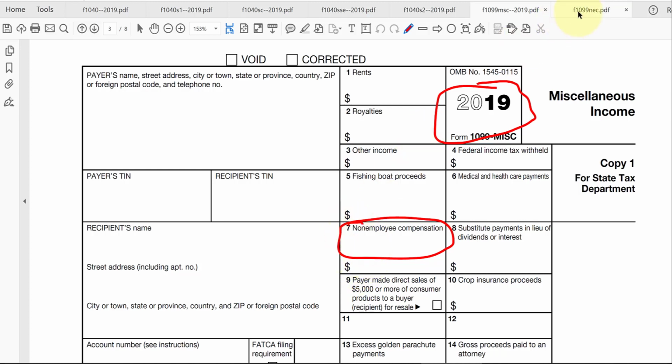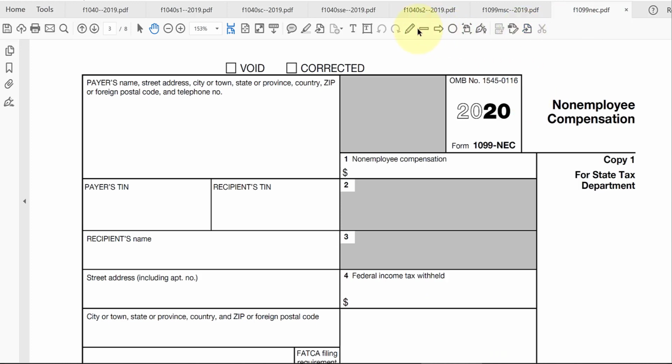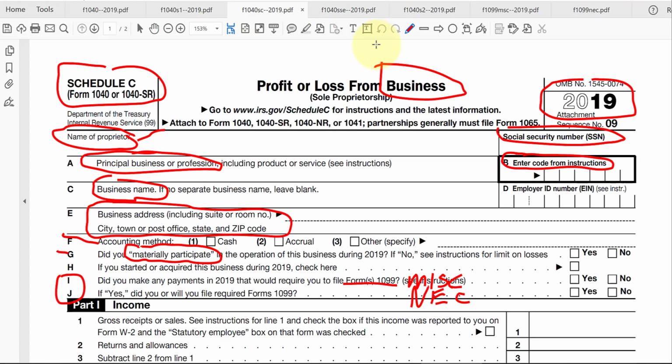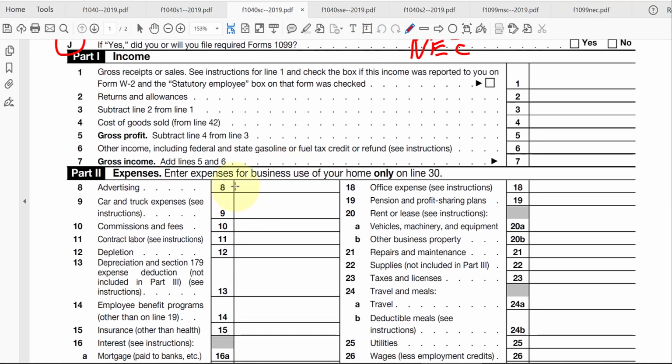And then beginning in the year 2020, we would be using this 1099 NEC for those non-employee compensation amounts. Back here on Schedule C, those amounts are typically deducted, let's say here, as commission or fees we pay out to other businesses or to contract labor.